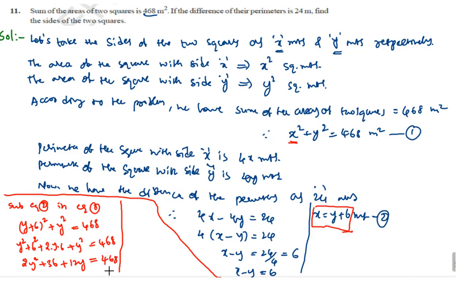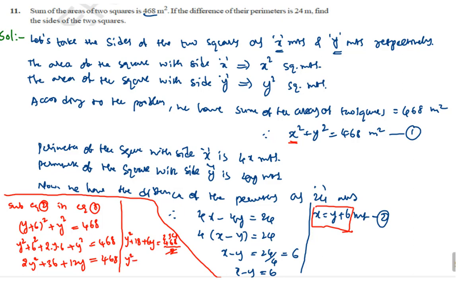And further we can write this one as, so here in all the terms we have 2 as common, so by taking 2 common out we get y square plus 18 plus 6y equals to 468, and if we bring the common 2 to this side, it becomes divided by, and by dividing we get 234 here.